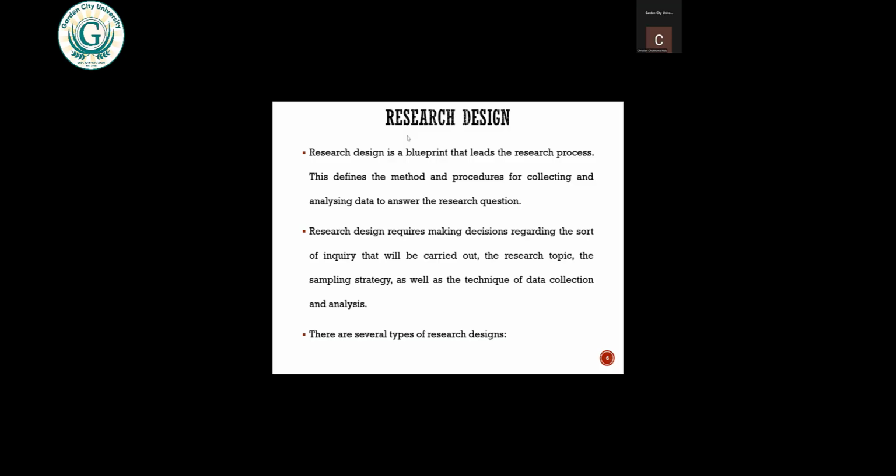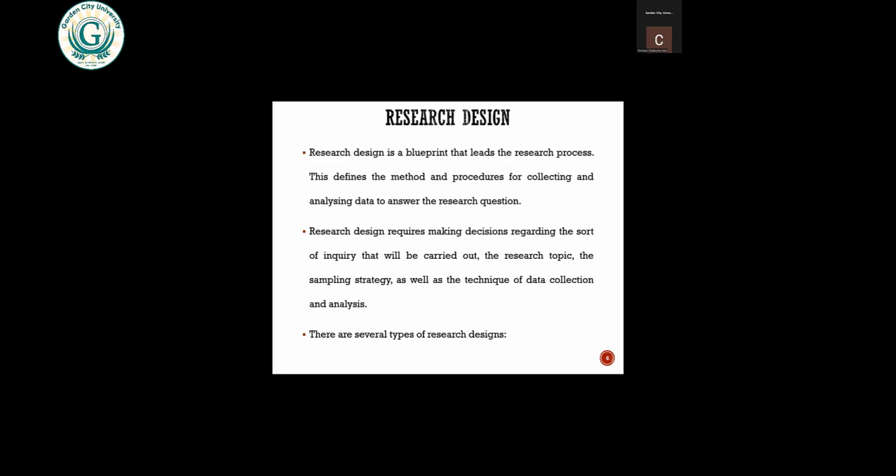When you are conducting your research, you must choose the appropriate research design that would best suit your work. Not all research designs are going to be favorable to you.